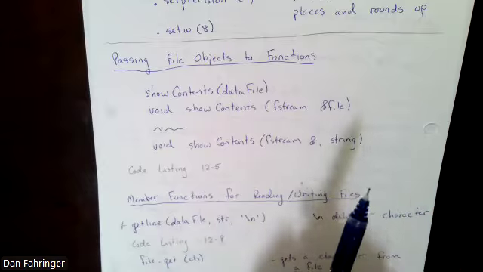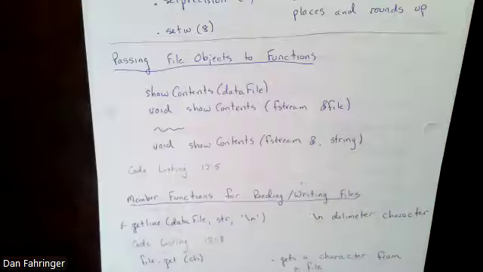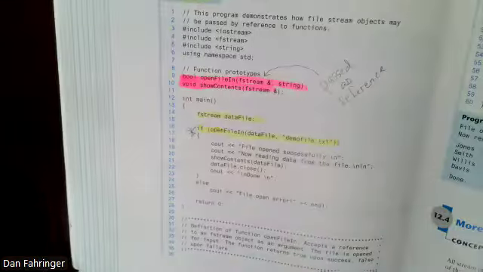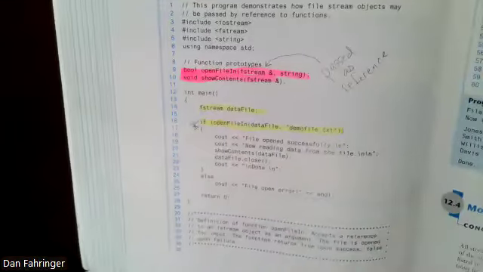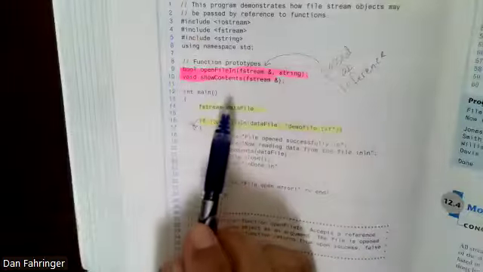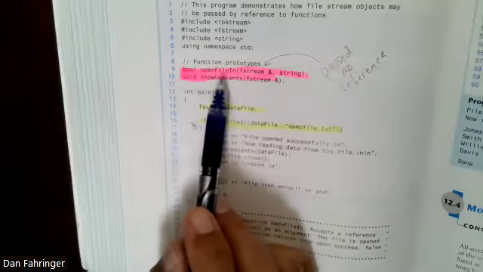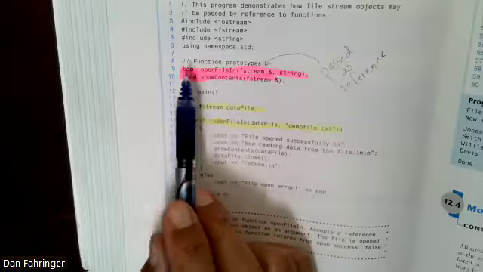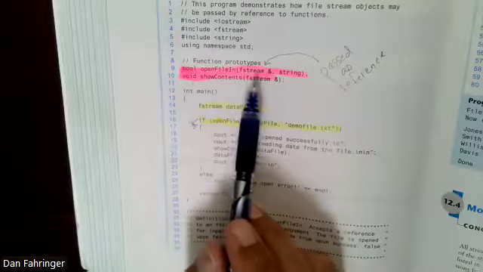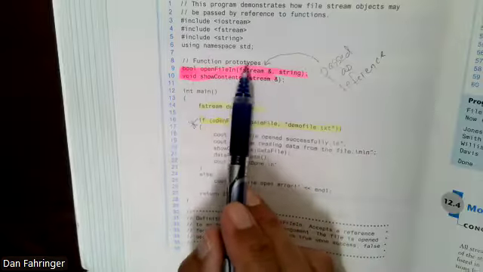Same thing if I'm going to retrieve it or return it. Code listing 12.5. You all typed it up, so you got the idea of what's going on. I have a prototype, open file, true or false. The fstream is being passed as a reference.